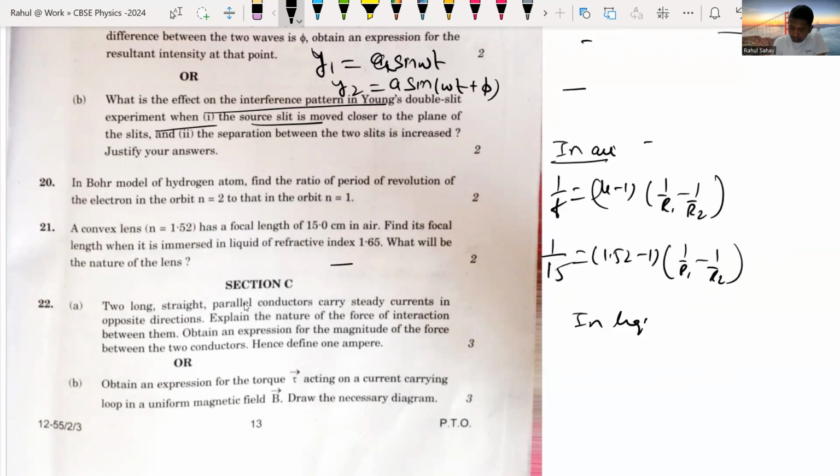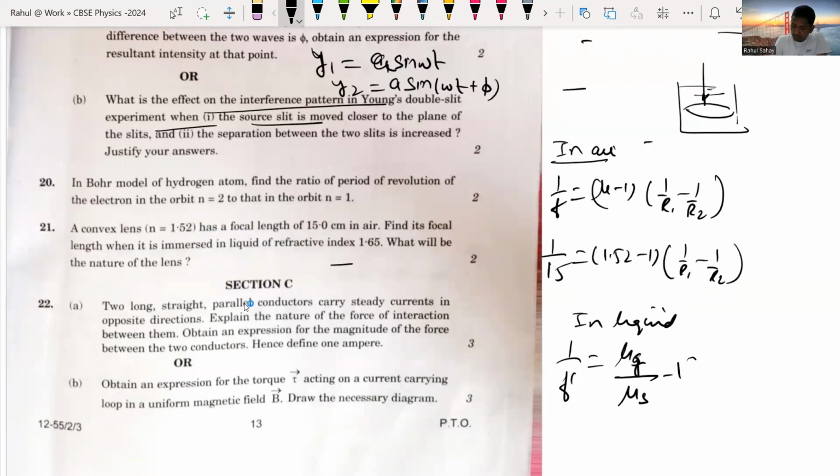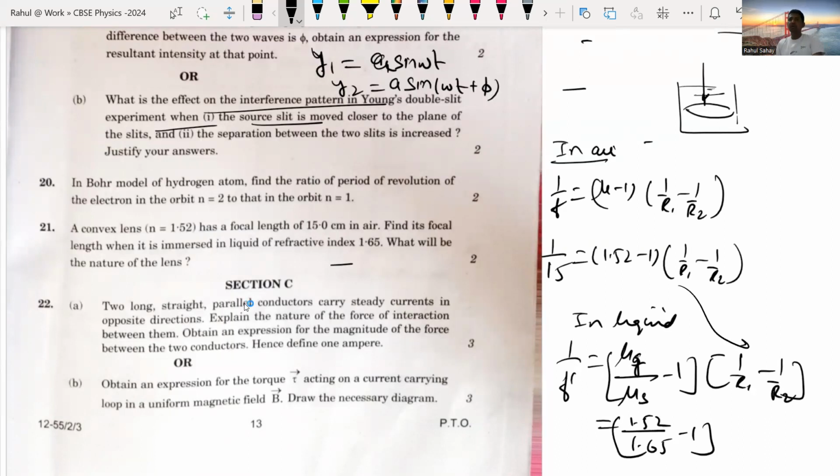In liquid, it is what? 1 by F dash is equal to (mu glass by mu surrounding minus 1) into (1 by R1 minus 1 by R2). So mu glass is given as 1.52, the surrounding is 1.65, and 1 by R1 minus 1 by R2 we can derive from here.